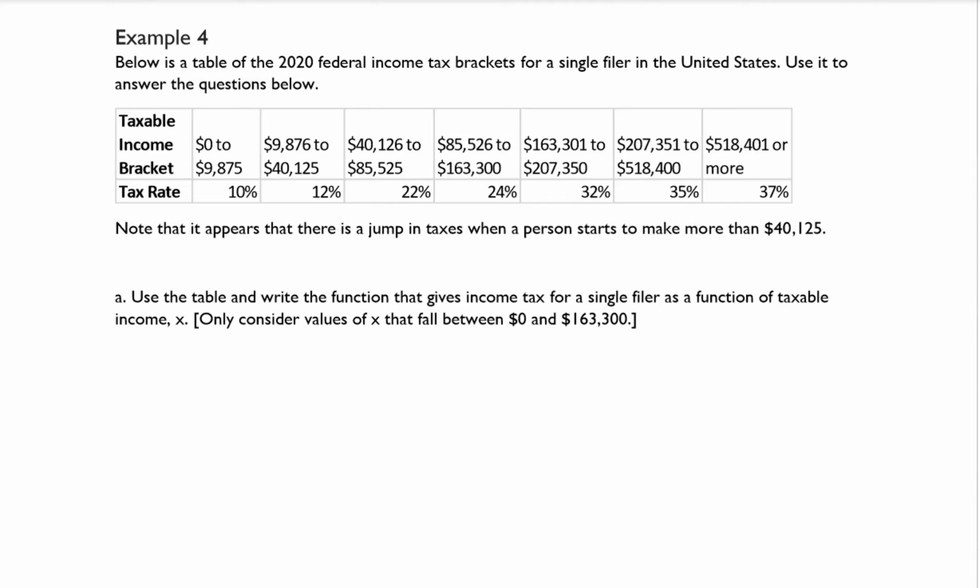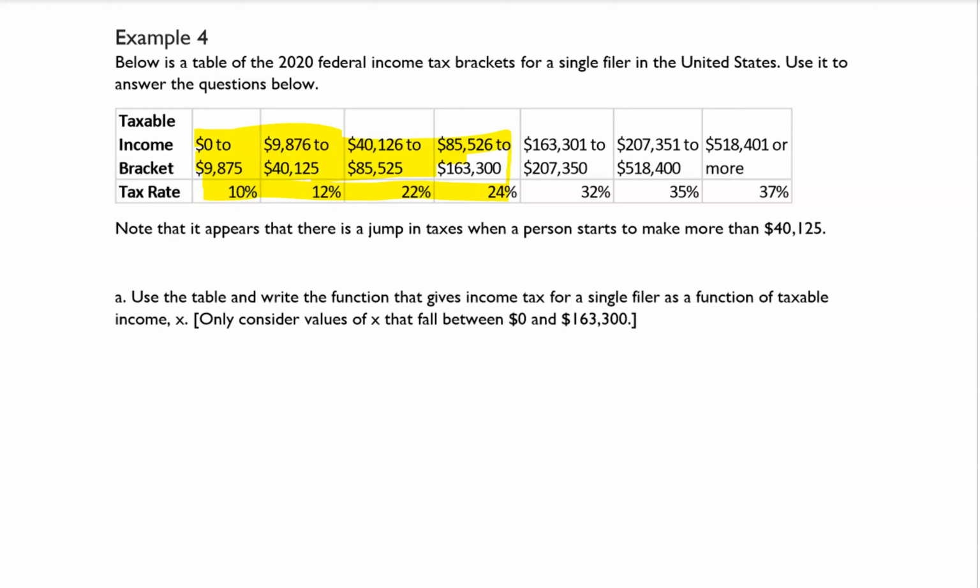Things like that. Okay, so part A says use the table and write the function that gives income tax for a single filer as a function of taxable income x. Only consider values of x that fall between 0 and 163,300. So we are making a piecewise function for these values here.